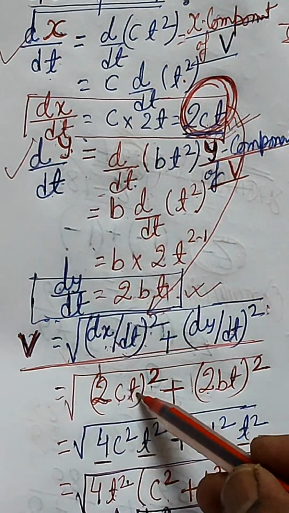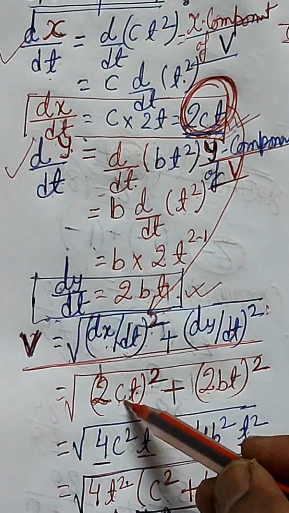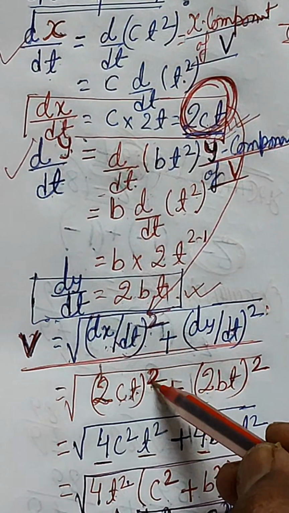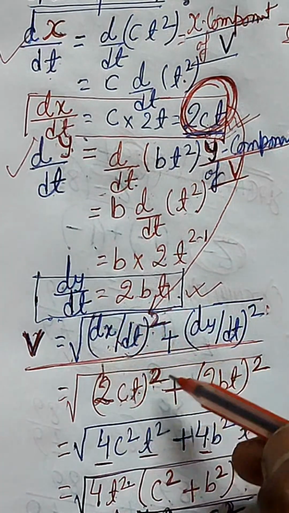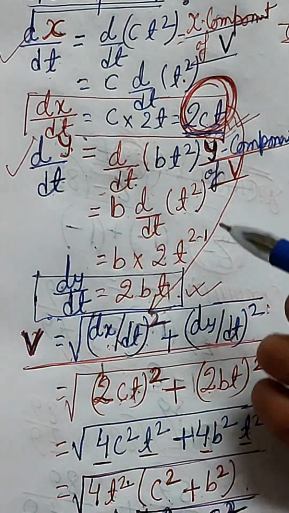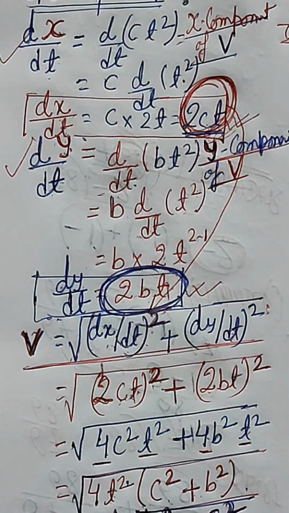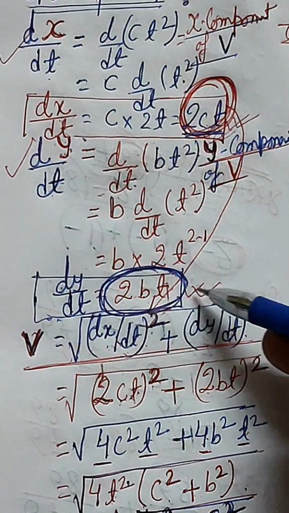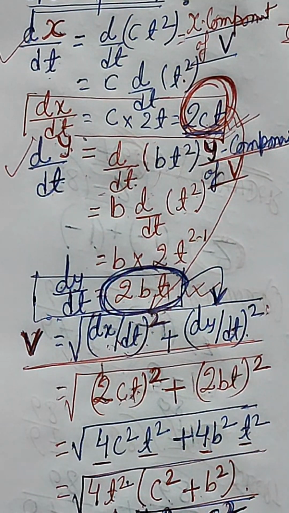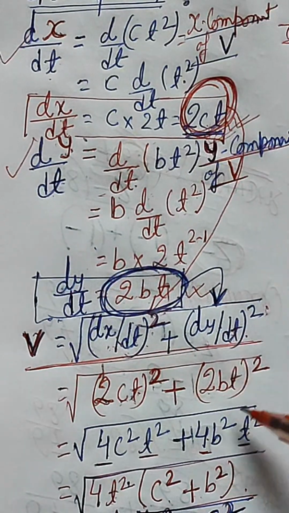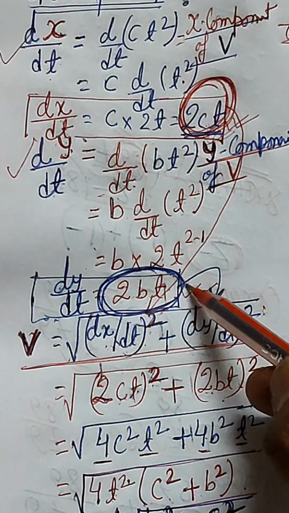So it becomes 2ct and you can see a square is there. So we again take the square over here. So 2ct whole square, and dy by dt we calculated it as 2bt. You can see 2bt, right? And in place of dy by dt we put this value of dy by dt, that is the y component of the velocity. So here 2bt.